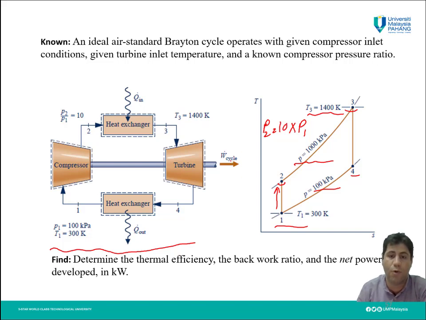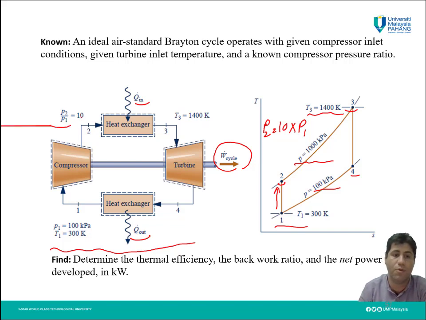The total work output, the power output of the cycle is W dot, and the thermal energy which is given to the cycle is Q dot in, and the heat which is rejected to the surrounding actually is Q dot out for the cycle.